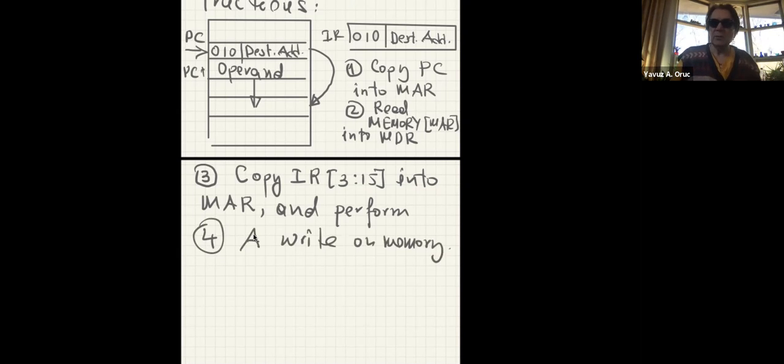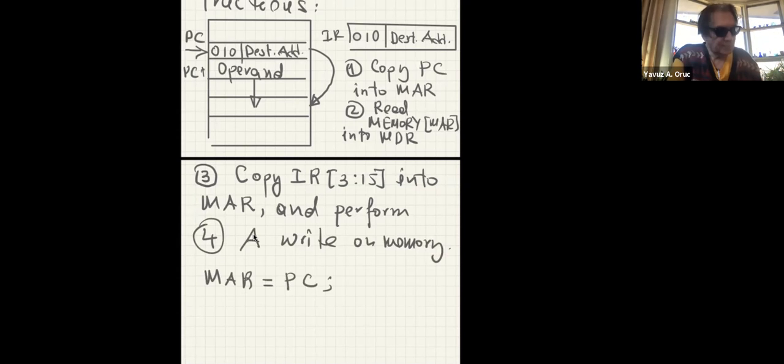So let's write these one after the other. Let's see how we express these steps in the so-called RTL language, the register transfer language that we're creating here. Here's what we do. MAR is equal to PC. That's one step.